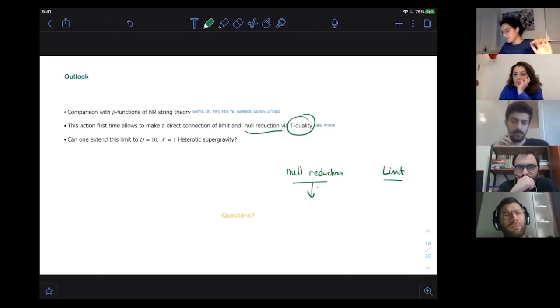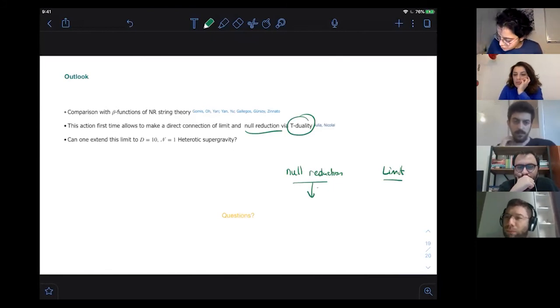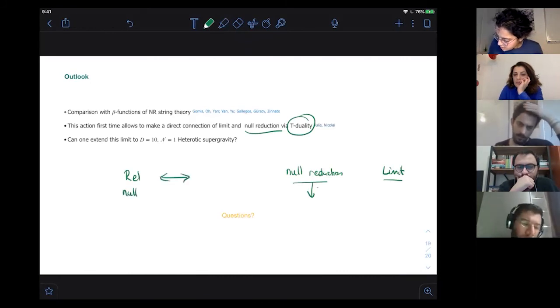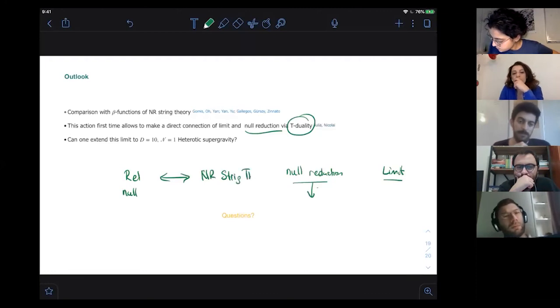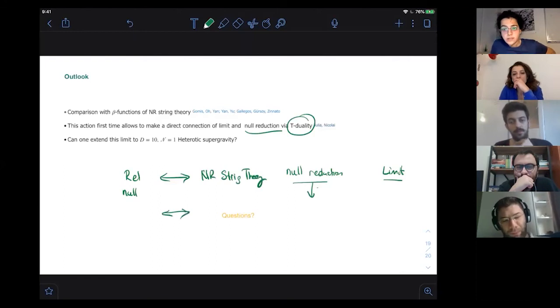But I'm saying, okay, let me say it in this way. If you do T-duality, you get a relativistic theory with null isometry, whereas on the other edge, you would get non-relativistic string theory. And similarly, I'm expecting a similar thing at the level of the low energy effective action.